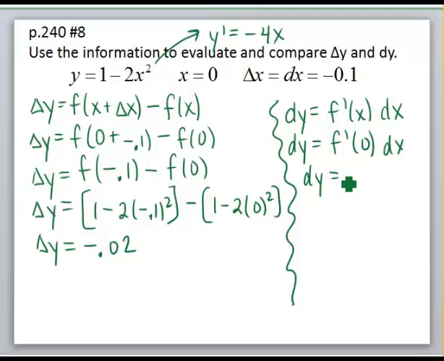So I'm going to plug in 0 here, and I will end up getting negative 4 times 0, and then times my change in x, which would be negative 0.1. When I multiply that together, I get dy is equal to 0. Notice how these are very close values to each other. I have one more video that we will cover.